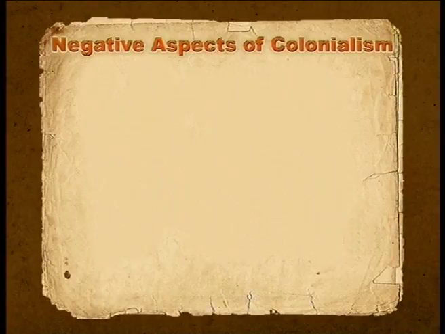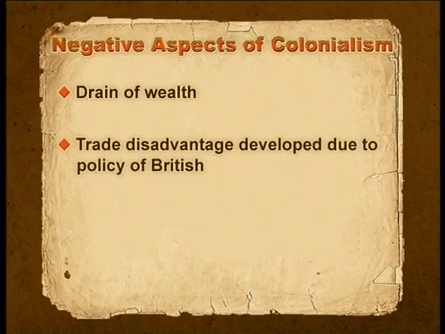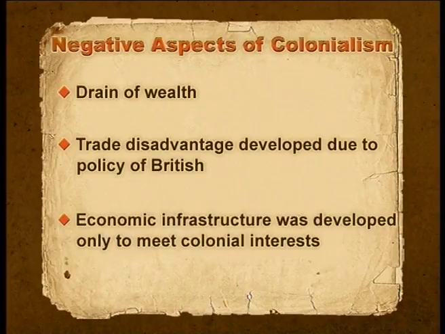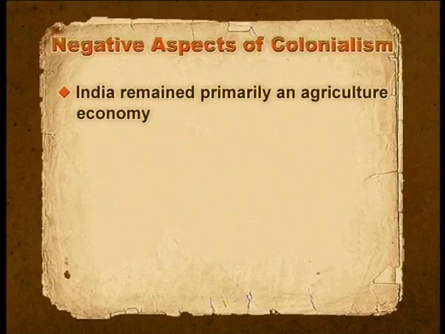But when we take it from our angle, we know that there was a lot of drain of wealth, and all the trade policies had a lot of disadvantage, and we find that from a positive balance of trade we have moved to a negative balance of trade. No doubt they developed the infrastructure, but we know that this infrastructure was developed to meet their colonial interest. India primarily remained an agrarian economy.